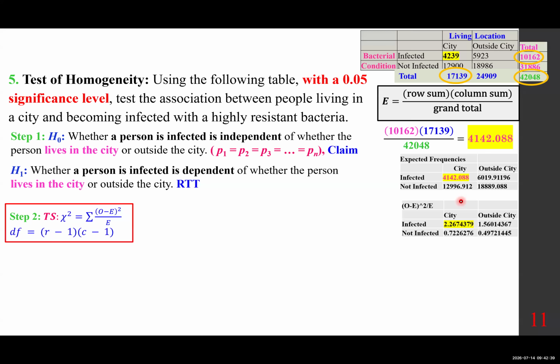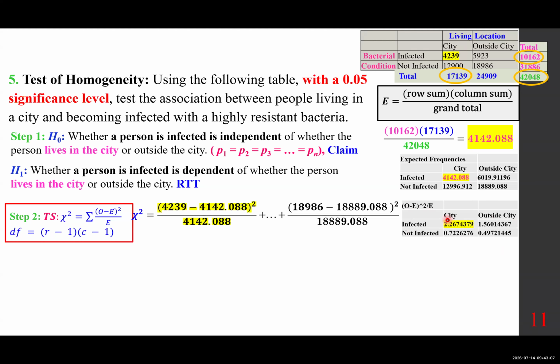Now, you can continue with Excel. O minus E quantity squared over E, infected outside, and so forth. So that means, for example, this one minus this one, quantity squared divided by 4142.08 gives you this one. Okay, just as an example.